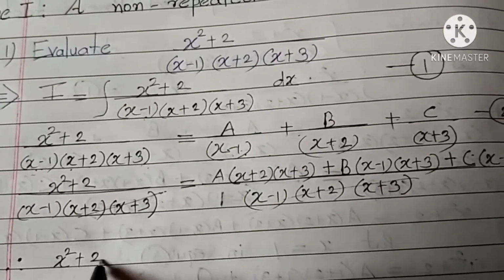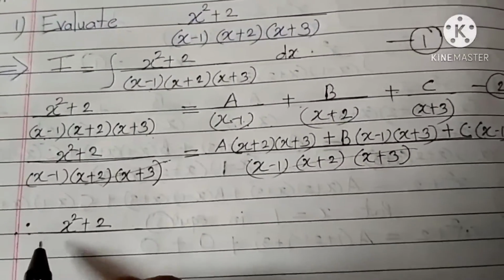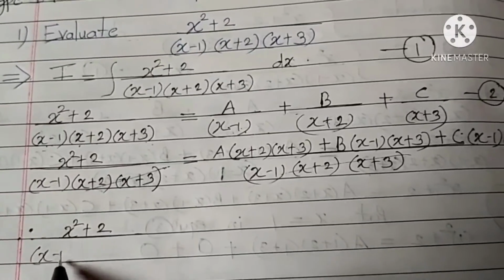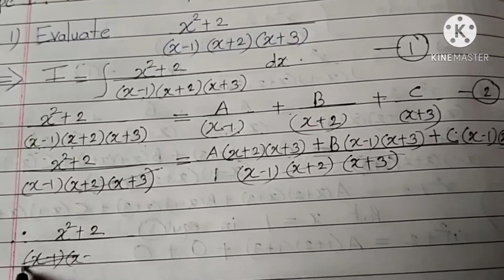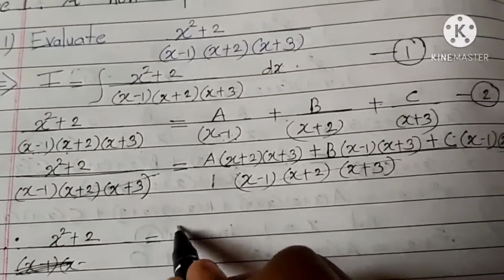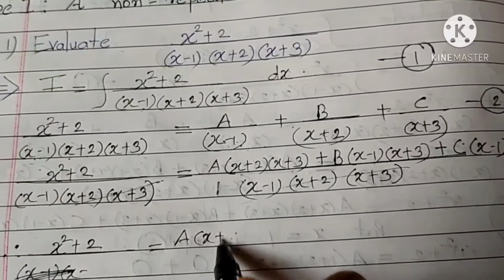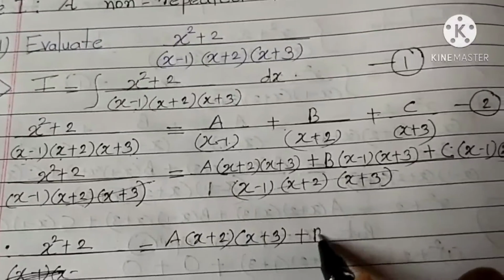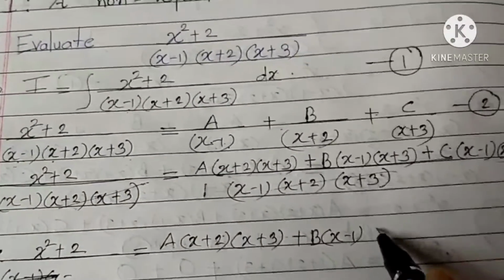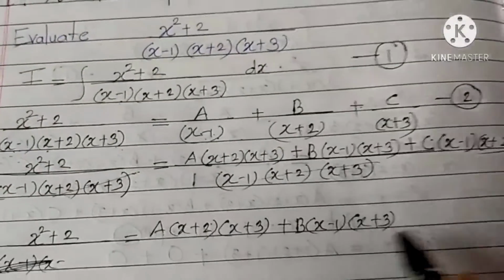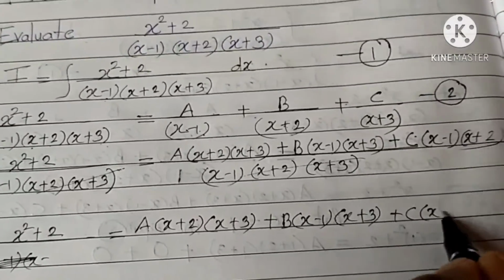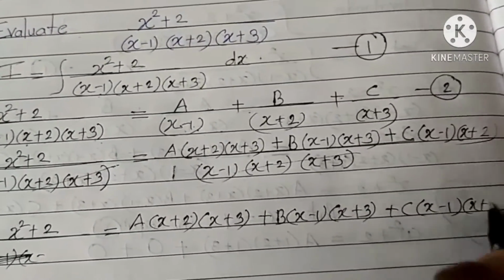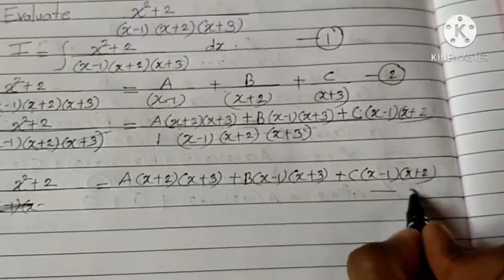x square plus 2 is equal to a into x plus 2, x plus 3, plus b into x minus 1, x plus 3, plus c into x minus 1, x plus 2. Now give it equation third.